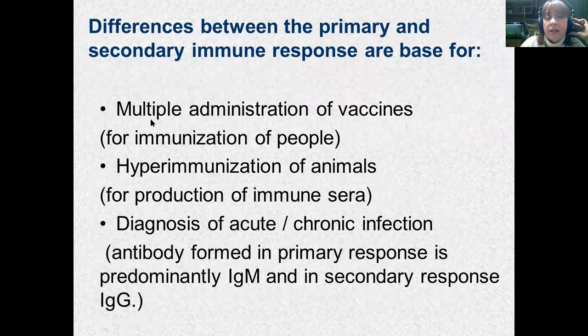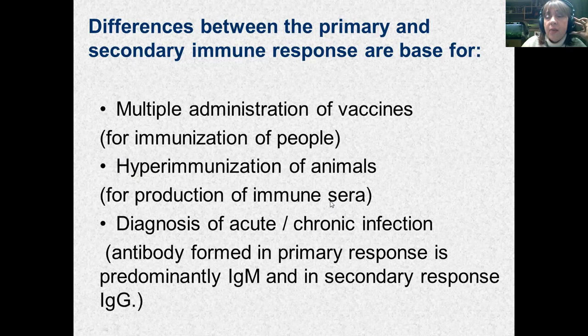So multiple administration of vaccine is recommended to produce strong immunity. Vaccines like DTP or MMR are injected 3 times to increase the titer of antibody and produce long-lasting and strong immunity. The same reason applies to hyperimmunization of animals, which is important in production of immune serum.